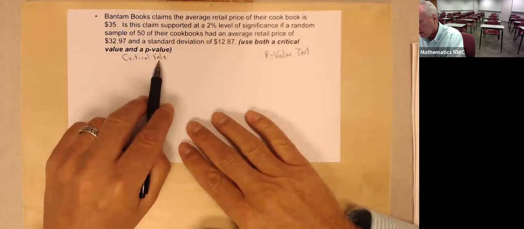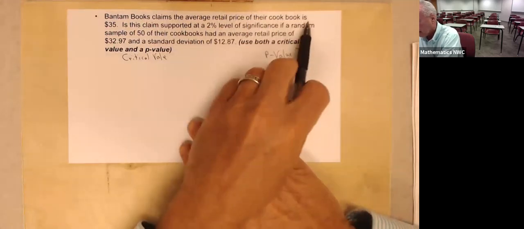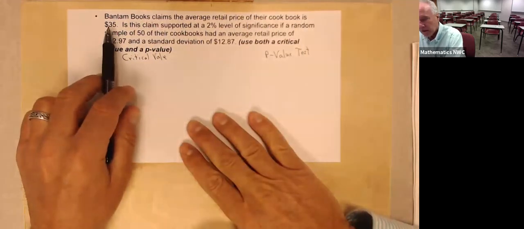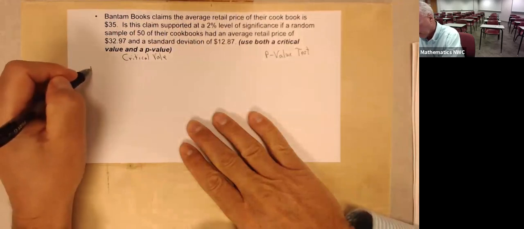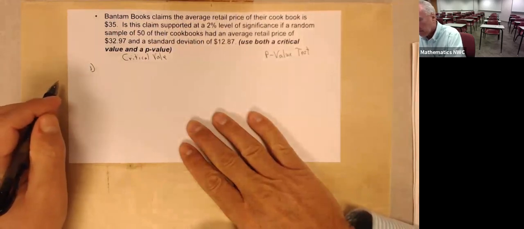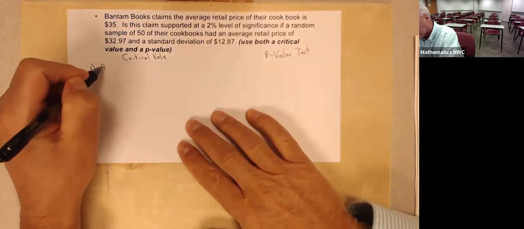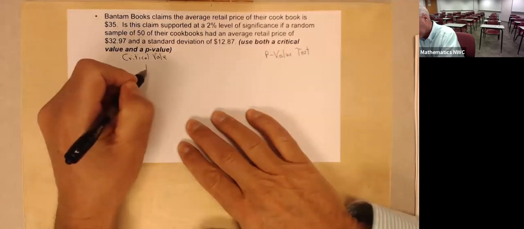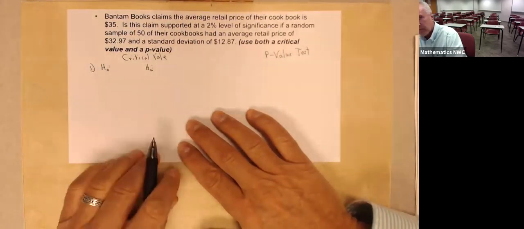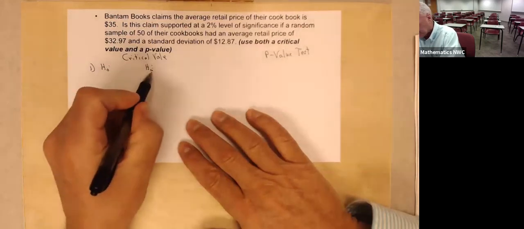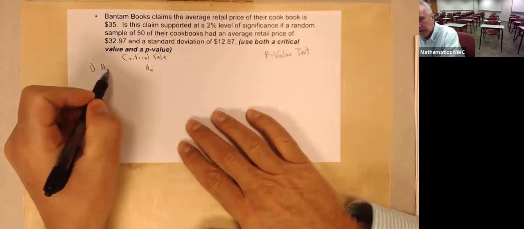This, as we mentioned, is a two-tailed test because of the word "is" 35. So step number one, I'm going to list my null hypothesis and my alternative hypothesis. H sub A is alternative, H sub 0 is the null.